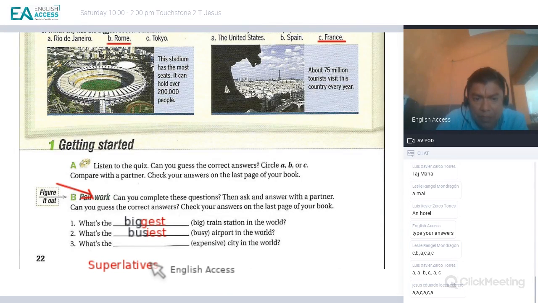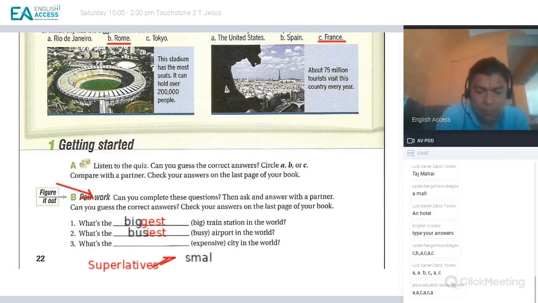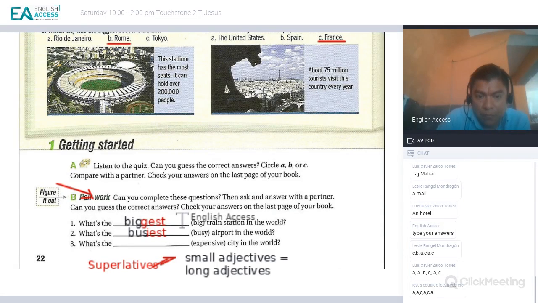When we have short adjectives, we add est.